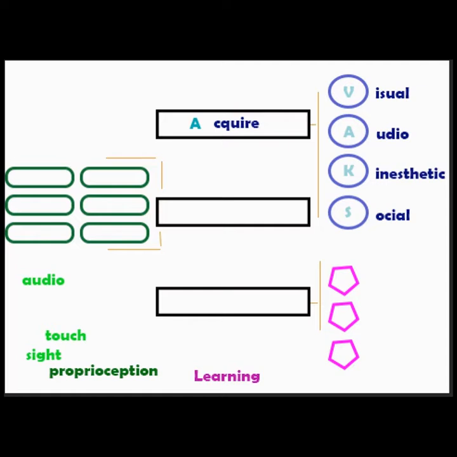But then we're going to be moving on. Once we have it into our brains, we have to be able to use it. And that gets us back into the intelligence portion, which is how we process information.